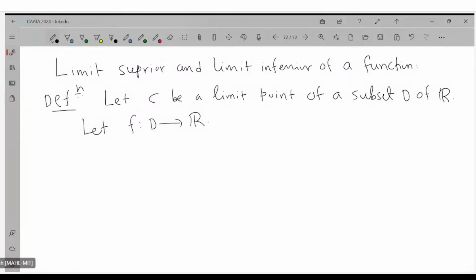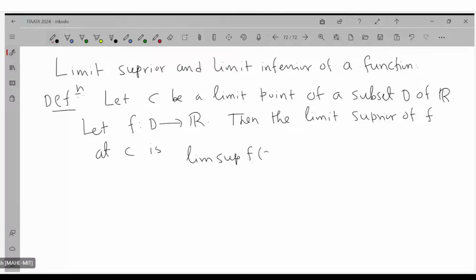Then we are defining the limit superior of f at c. So we will write this way, lim sup of f(x) as x tends to c.